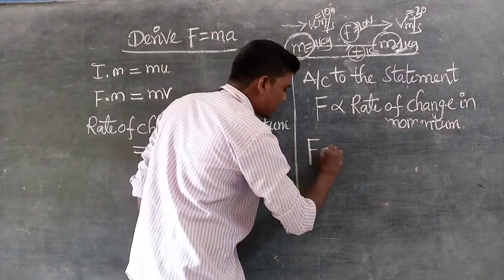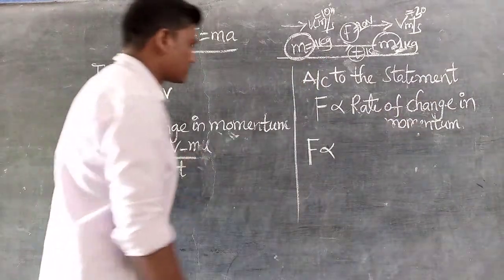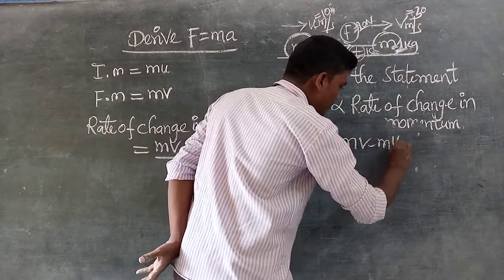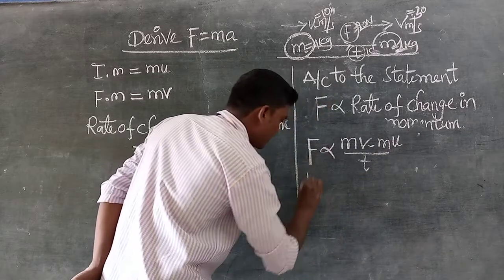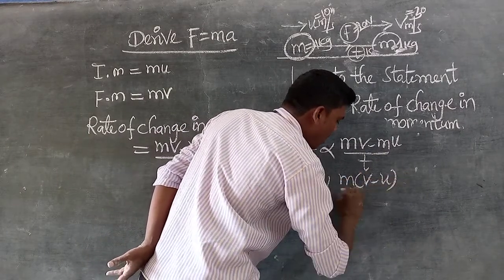F is directly proportional to the rate of change in momentum, which means what? (mv minus mu) upon t. Then F is directly proportional to m(v minus u) upon t.